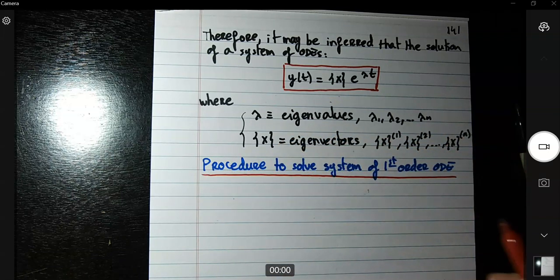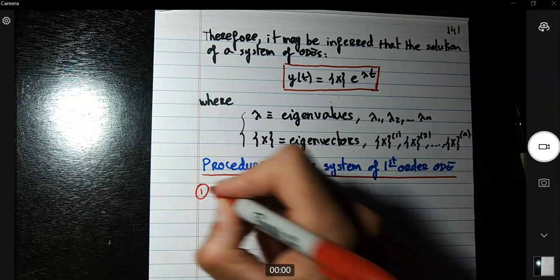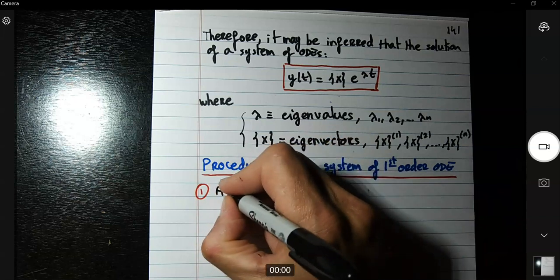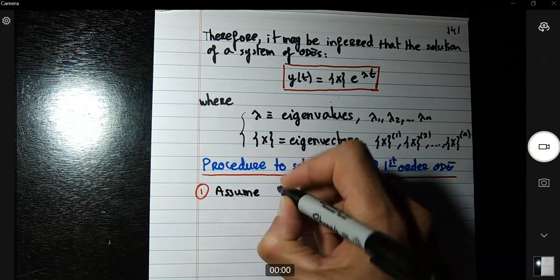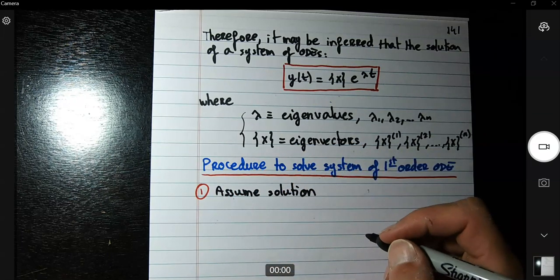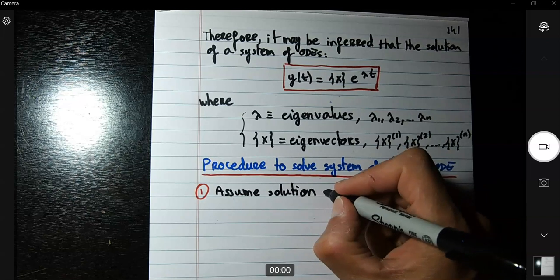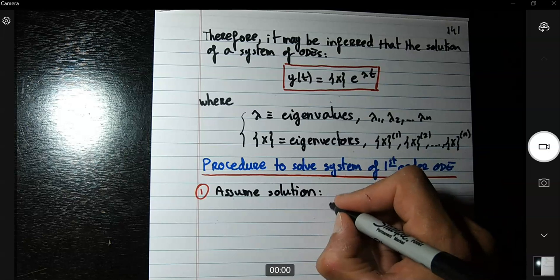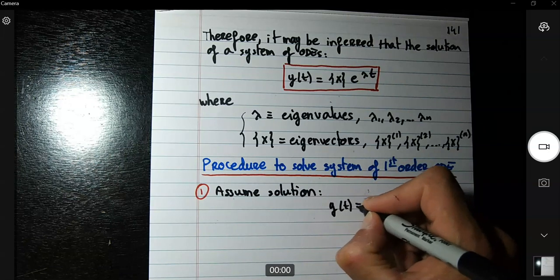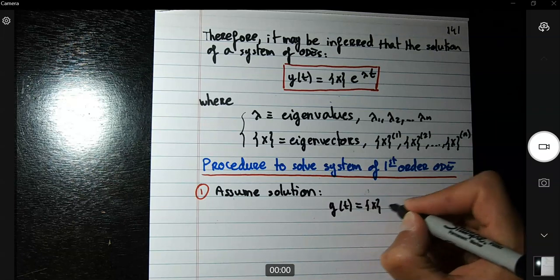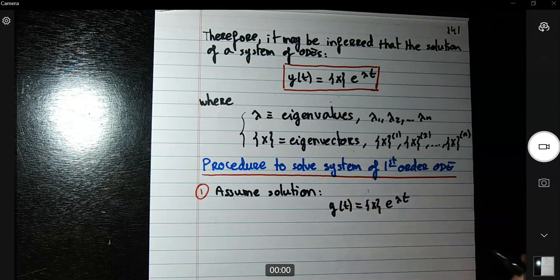So the first step is always to assume the solution. As we said before, the solution will be of which form? So assume the solution to be y of t equal x e lambda t.